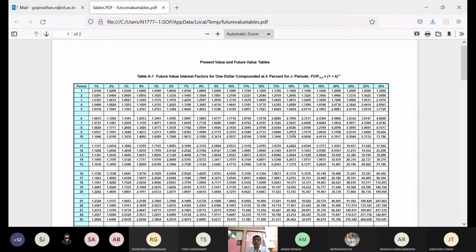Aishwarya, can you note it and tell me? Okay, Ravi Teja, kindly note. Now it is 10%, right? Is the table seen? Yes, sir. For the fourth year, how much? 1.4641.